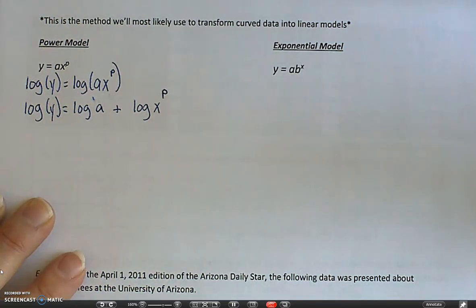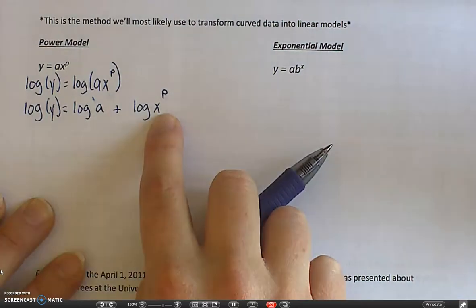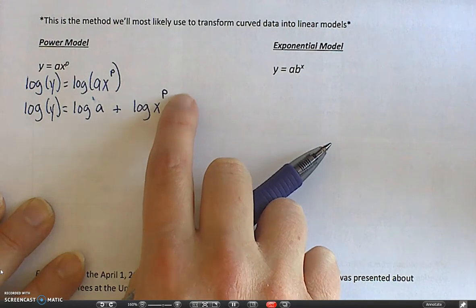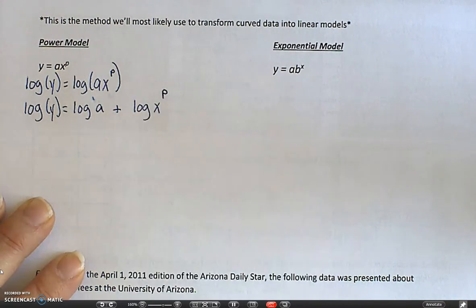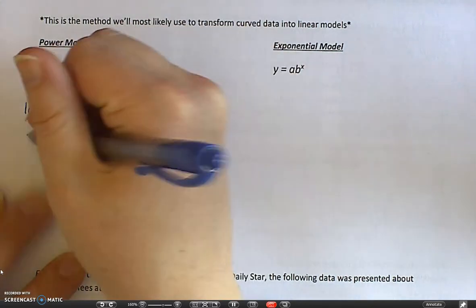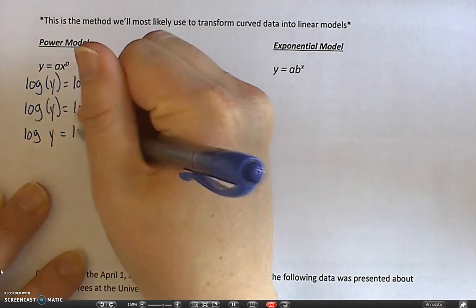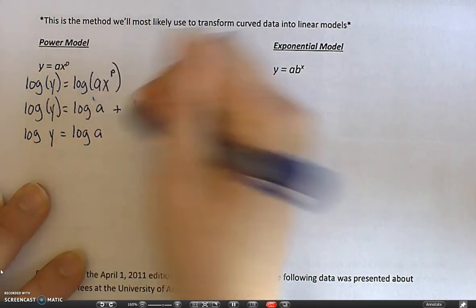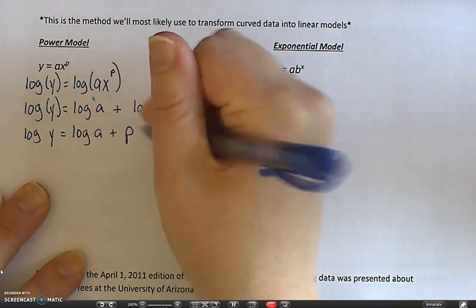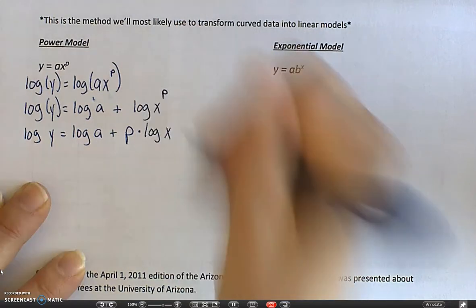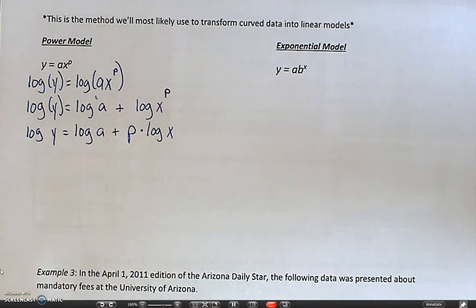You may also remember that when you have a log of some number to a power, this power is allowed to come in front of the log, right? I think it's called skipping the log, jumping the log, hopping the log, whatever analogy your teacher used. And so that p is now in front of the log of x. You don't need to put the multiplication symbol there, but I like to just so you don't think it's the word flog. It's p times the log of x.